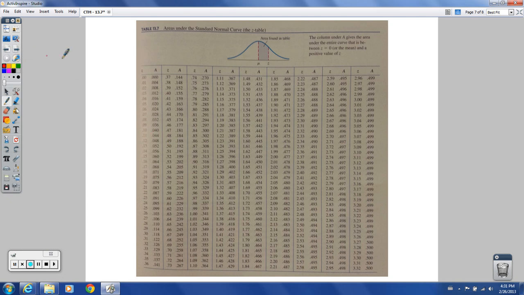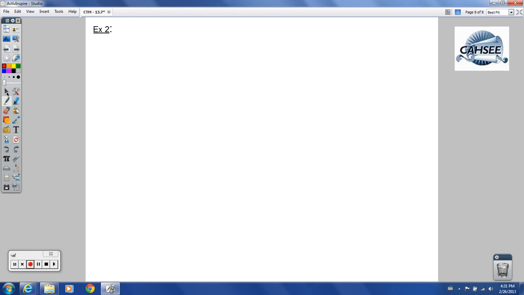We can use z-tables to figure that out. So right now, don't worry about this. We're going to come back to this though as we do our second example, and it'll make a lot more sense within the context of that example.